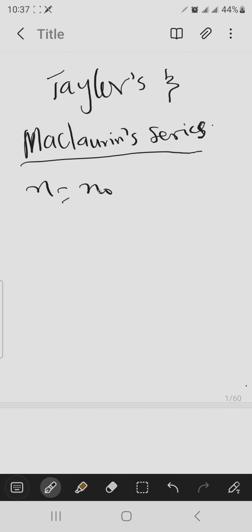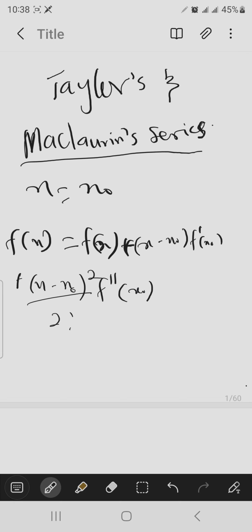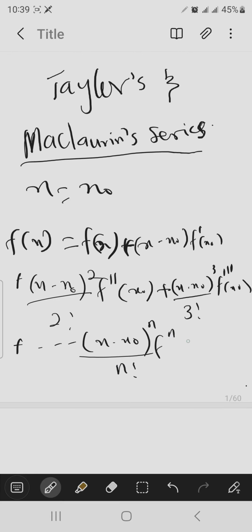At the point x equals x naught, the Taylor series says that f of x will be equal to f of x naught, plus (x minus x naught) f prime of x naught, plus (x minus x naught) raised to power 2 over 2 factorial f double prime of x naught, plus (x minus x naught) raised to power 3 over 3 factorial f triple prime of x naught, plus dot dot dot, plus (x minus x naught) raised to power n over n factorial f raised to power n of x naught.